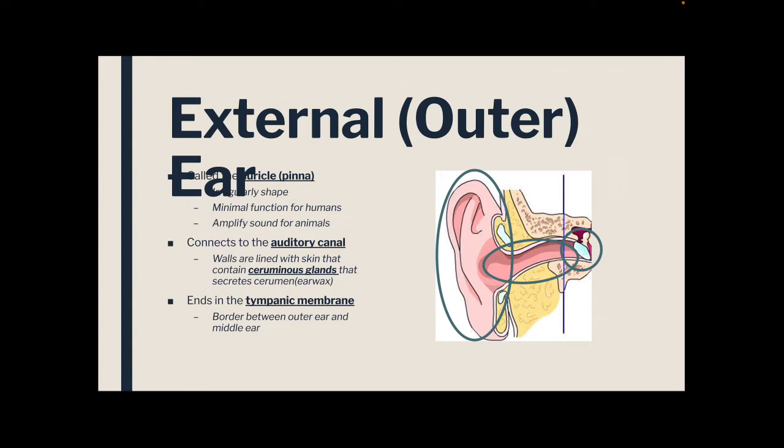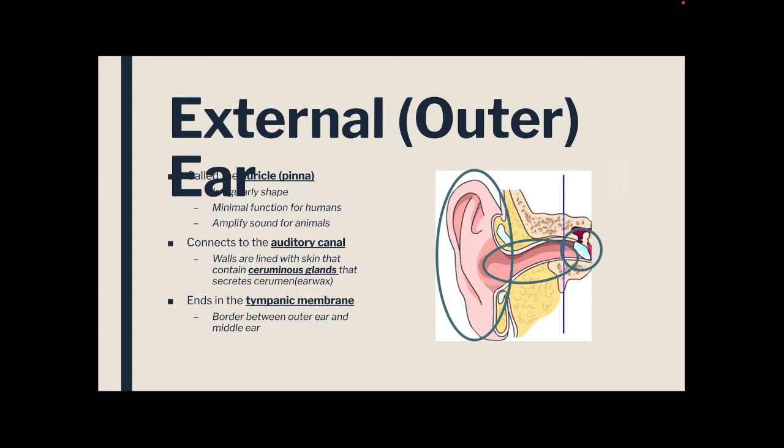It doesn't really benefit us how the auricle looks because it's not doing anything tremendous to help us with hearing. But for certain animals, it is helpful. For rabbits, who have long ears, it helps them hear sounds from long distances, and other animals are really great at hearing vibrations, things like that.